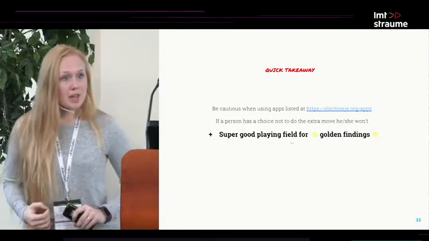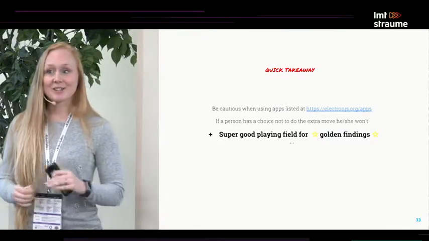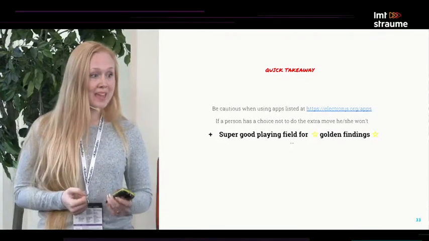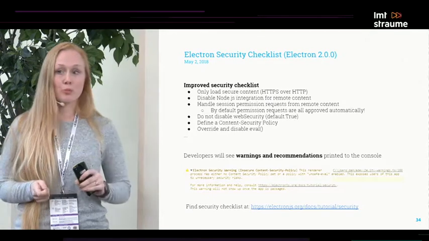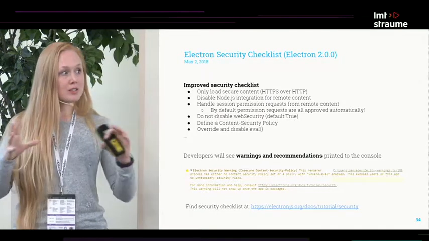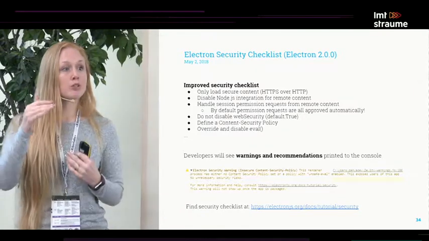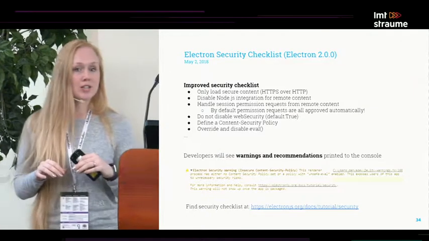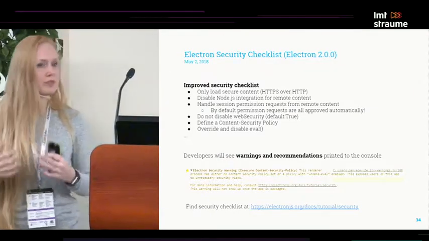But at the same time, from my perspective, or maybe from yours, this is still a really amazing playing field if you want to have good findings. And Electron also came out with their 2.0 version, where they have now started to establish their security checklist with good examples and solutions. And if you manage your applications from the console, they actually give you warnings and recommendations, or tell you if something is outdated.